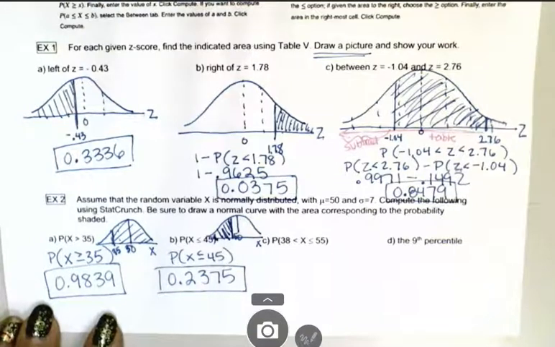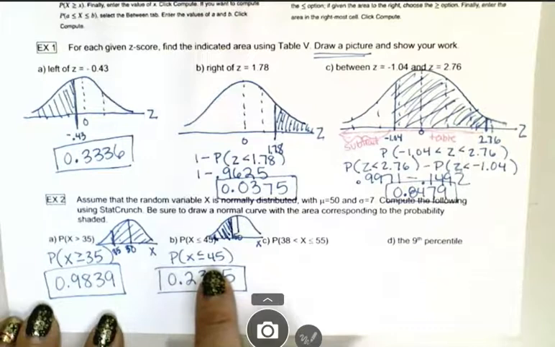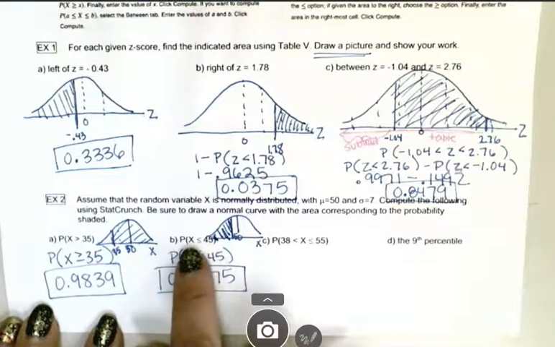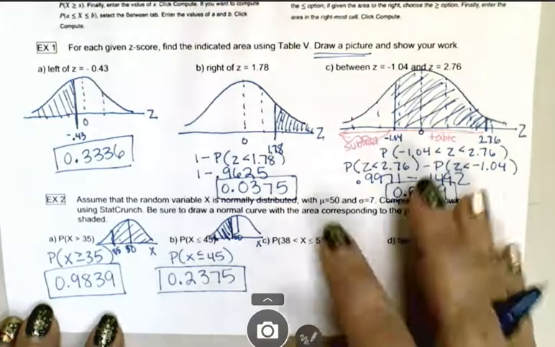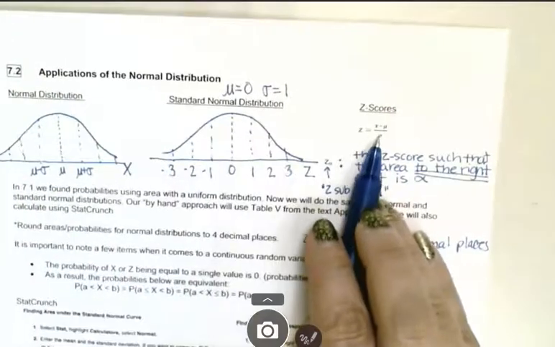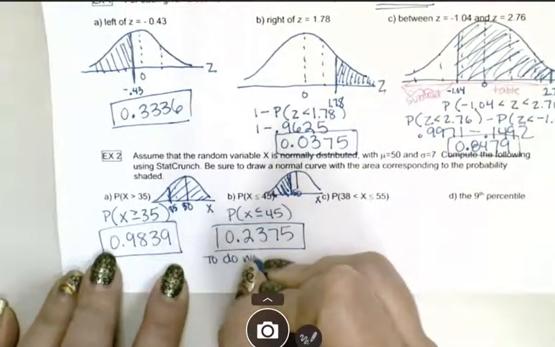Now, I told you I would show you how to do this using the table. The table is for z-scores. So in order to do these by hand, you have to actually convert your x random variable to a z by using my z-score formula. So just write out here, to do with table.